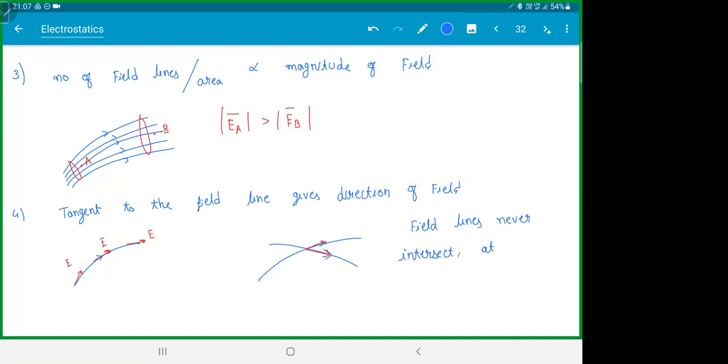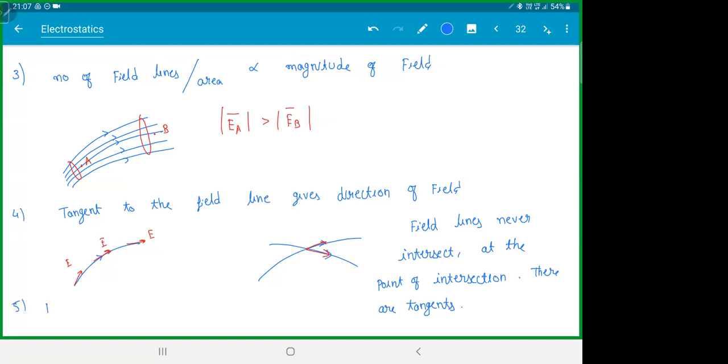At the point of intersection, there are two tangents, meaning you have two directions. That doesn't make sense. You can't have two directions at the same position. Check.